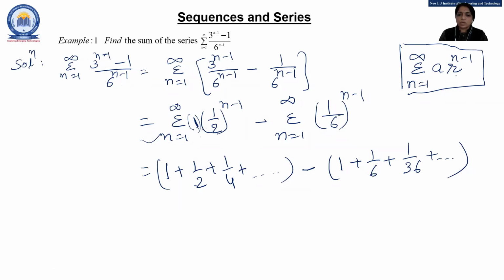So if I put this summation in series form, a plus a r plus a r squared, but here a is 1, so this is 1 plus r plus r squared, and r is 1/2. So 1 plus 1/2 plus 1/2 squared, that is 1 by 4, like that. Similarly in the second series, a is 1 and the ratio is 1 by 6. Okay, now got it?